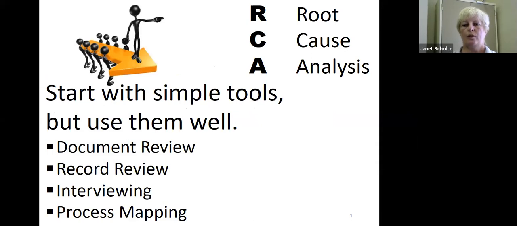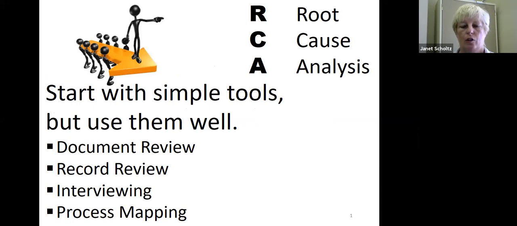We're going to go through some of the tools that we use for root cause analysis. So we have some simple tools, but we need to use those wisely. And we're comfortable with things like document review, where we're gathering information to see what was documented. Record review, for the same reason.